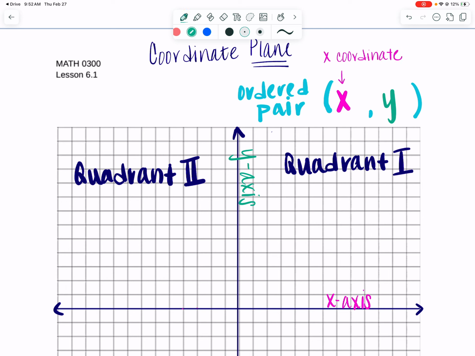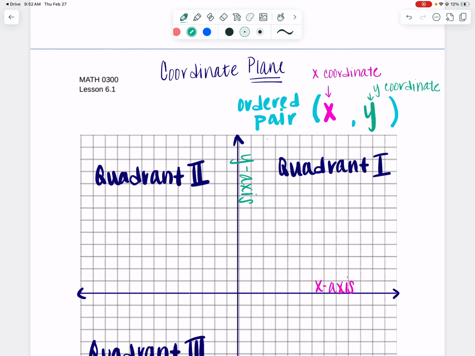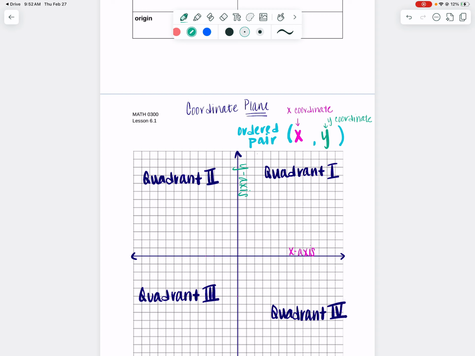The y coordinate tells us to go up or down on the y-axis or in the y direction. Then the question comes, well, Ms. Graham, if I'm going to put numbers in there like 5 and 3, how do I know where I start? So glad you asked.